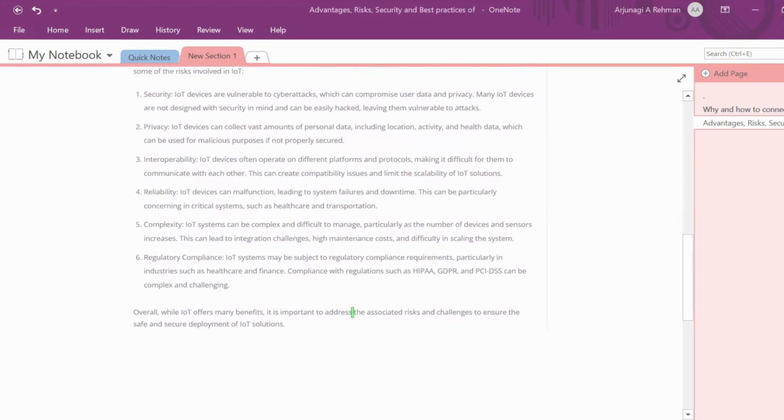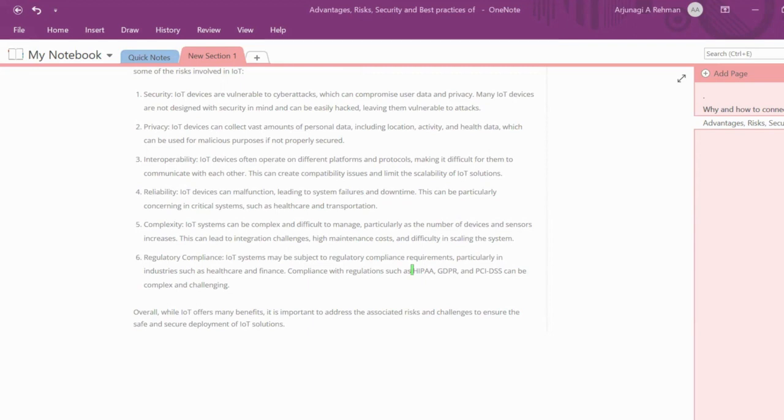And sixth point is regulatory compliance. IoT systems may be subject to regulatory compliance requirements, particularly in industries such as healthcare and finance. Compliance with regulations such as HIPAA, GDPR, and PCI DSS can be complex and challenging.